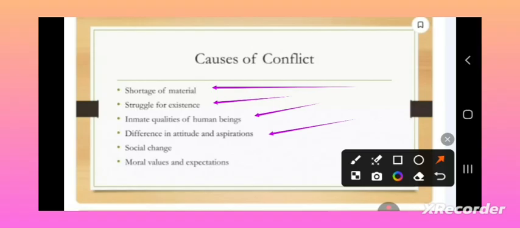Differences in attitude and aspiration: disagreements arising from varied viewpoints and goals. Social change: disruptions or transformation in social structures and norms. Moral values and expectations: clashes over differing ethical beliefs and standards for behavior.